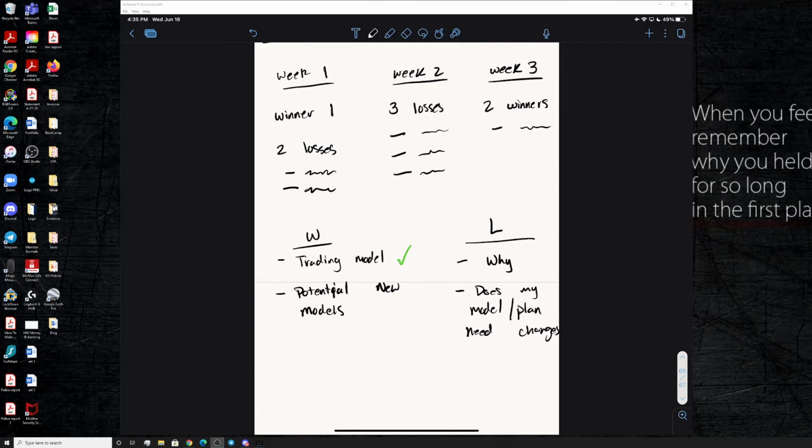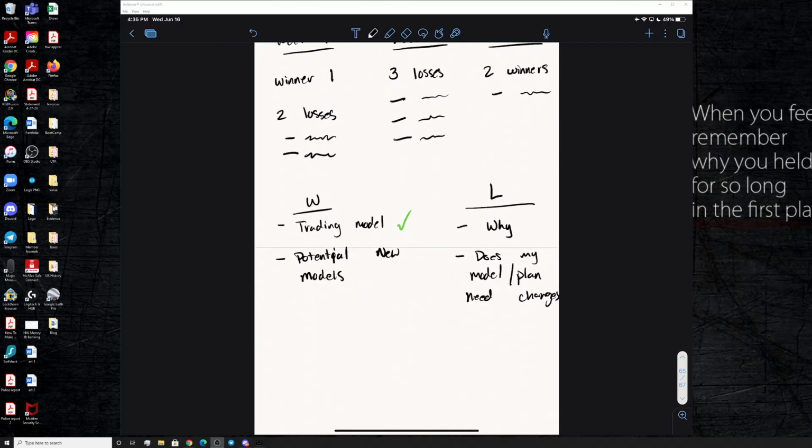That's dependent on you, depending on the amount of winners and losers that you've been seeing consistently. If it's too much for your liking, then obviously something is wrong. If it's good, then you're obviously on the right track. If it's really good, then that shows that your experience, everything that you've done till this point has been worth it, right? And that's essentially the point that everybody's trying to get to.